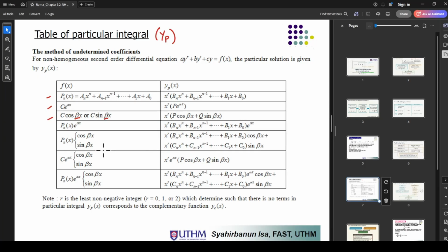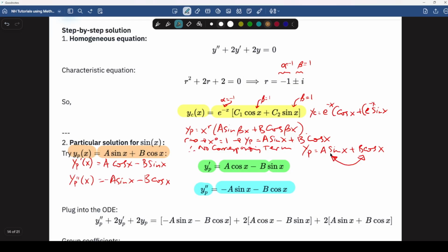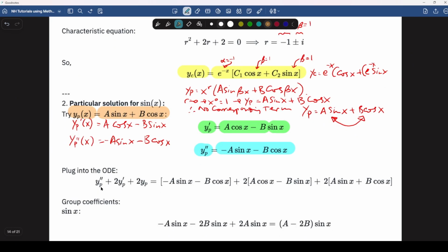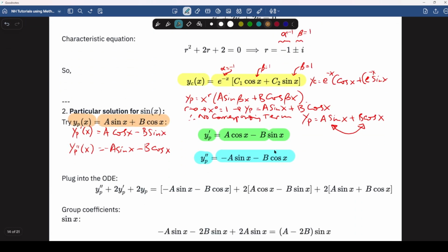The next step is to substitute into the original differential equation, which was yp double prime plus 2yp single prime plus 2yp. Same equation here. Our yp double prime is negative a sine x, negative b cos x, in blue.